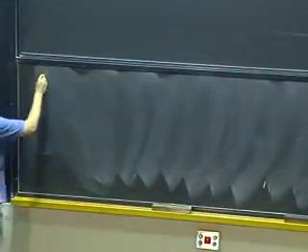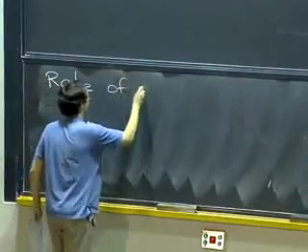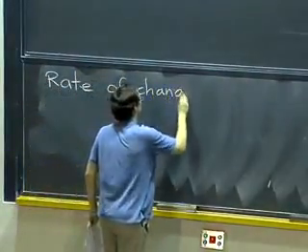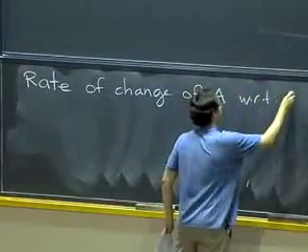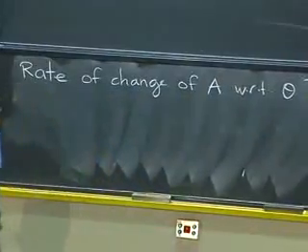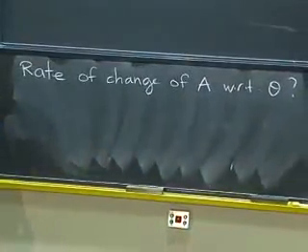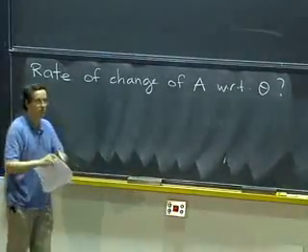So what can we possibly mean by the rate of change of A with respect to theta? These are all things that we might want to call partial A, partial theta, but of course we'll have to use different notations to distinguish them.